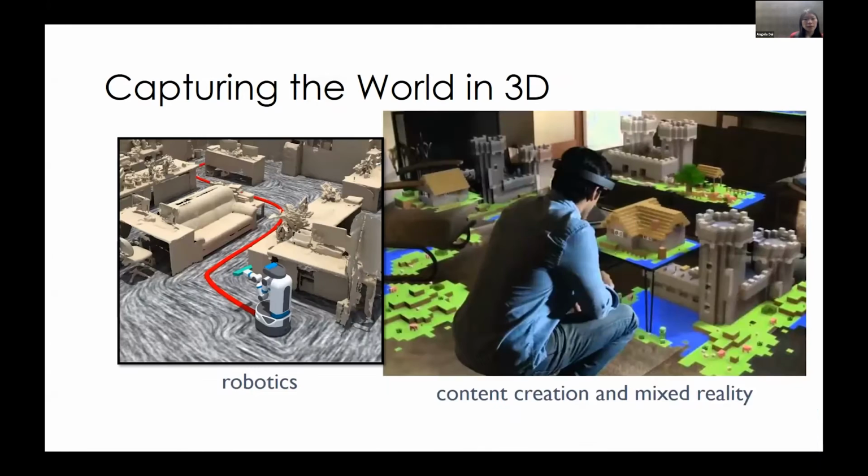This has applications, of course, to things like robotics, being able to move around and navigate in a scene and in an environment and understand what the objects are, as well as for things like content creation, mixed reality, being able to get interactions between virtual objects and real scenes.